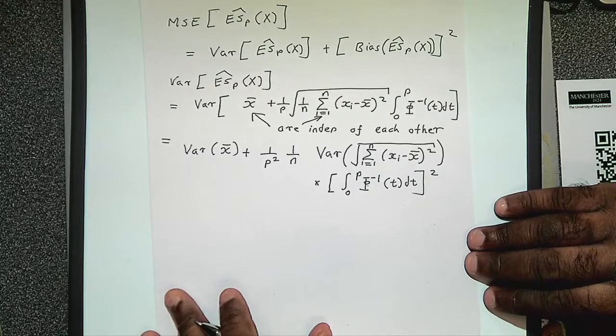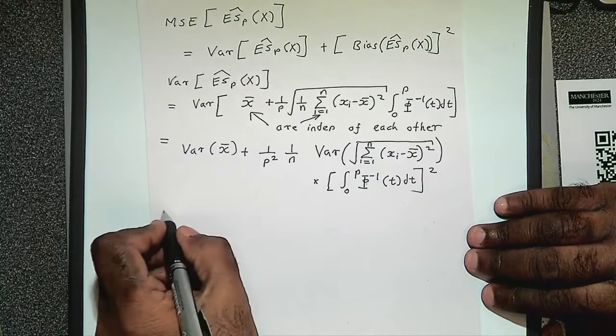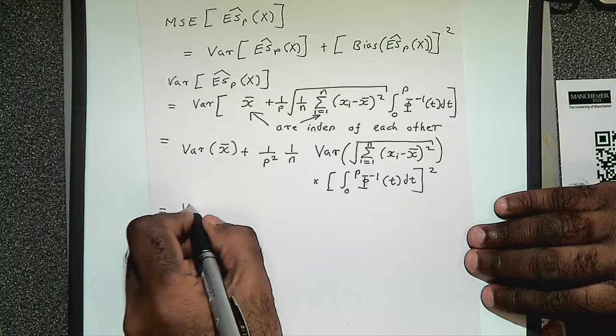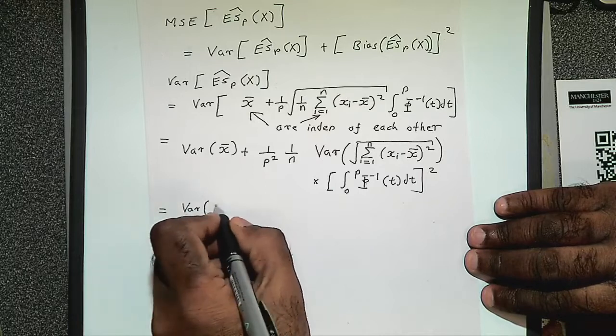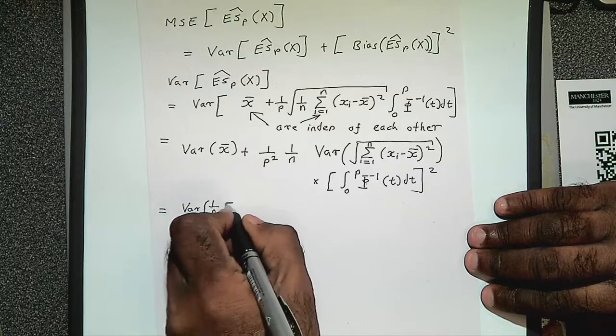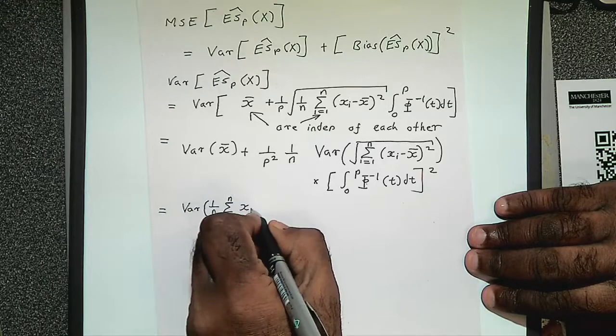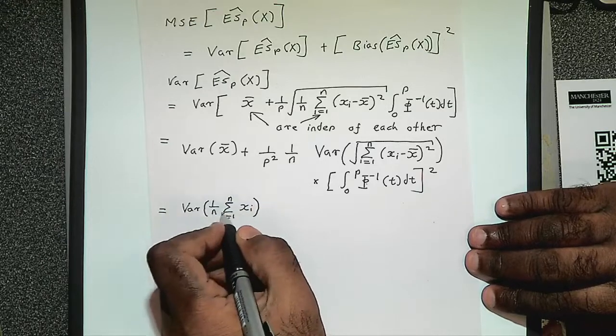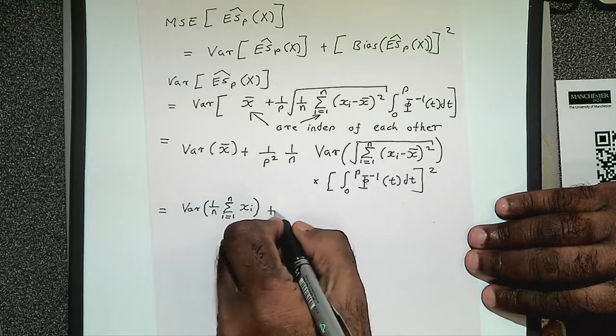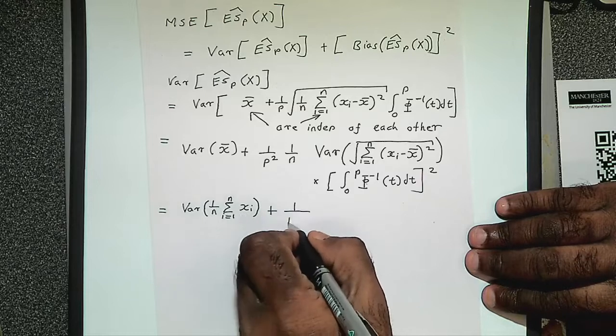okay, now the variance of X bar is simply the variance of the sample mean, which I'm sure all of you know is this. And here I'm going to put p squared.